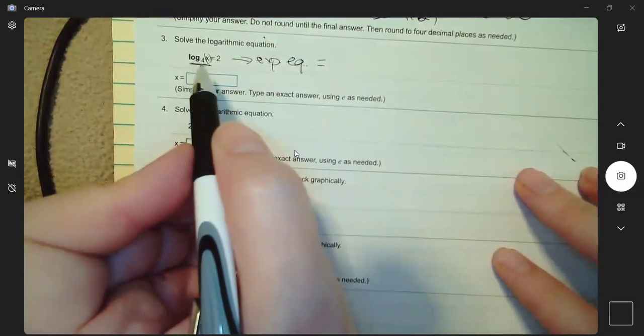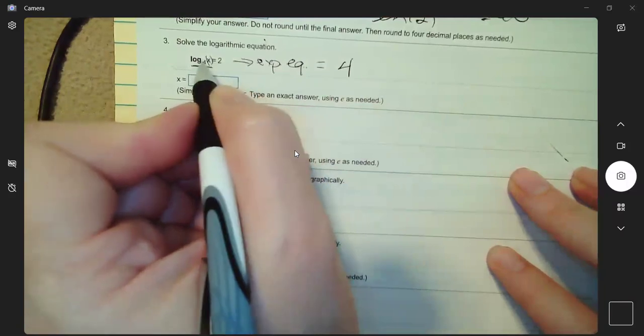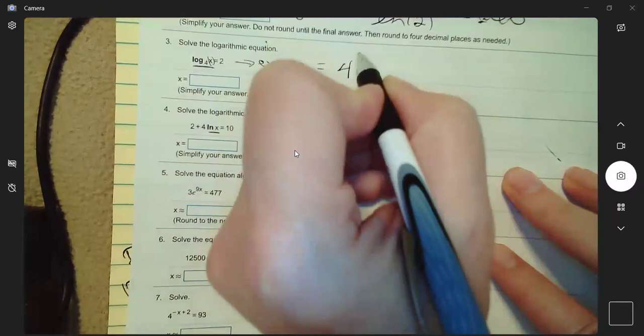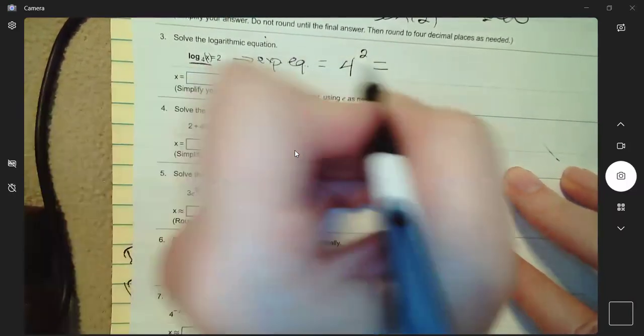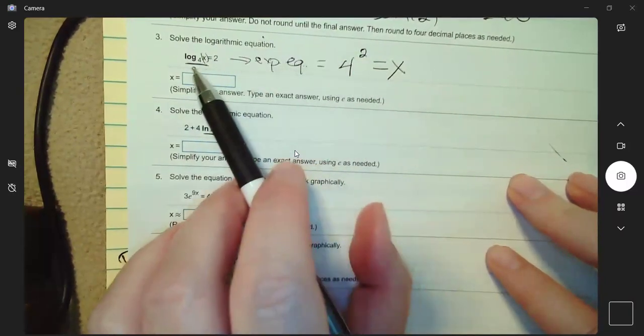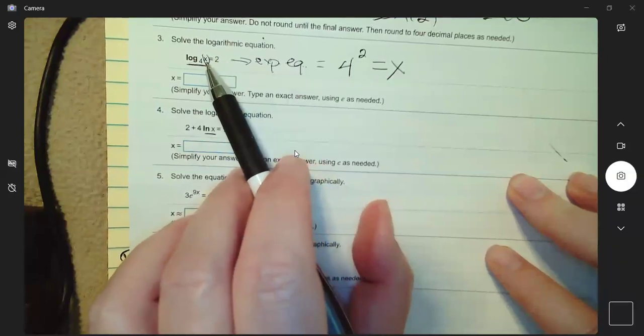So my base is going to be 4. The exponent is what the logarithm is equal to. So this is the exponent on 4, so 2. And then we write equals whatever was the input to the logarithm. Okay, so this is the exponential equivalent. The base of 4 raised to the exponent of 2 is equal to the x.